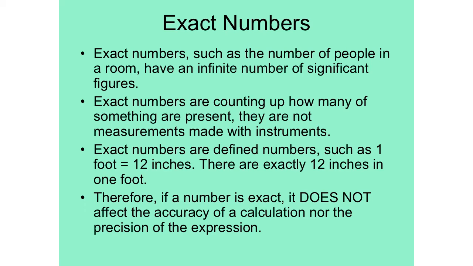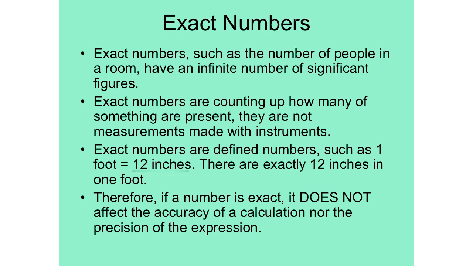All right, one quick thing that I just want to point out. Sometimes we have exact numbers. Exact numbers are exact, so they have no error. Therefore, they would have an infinite number of significant figures. For example, if we were doing a conversion between feet and inches, there are exactly 12 inches in a foot.